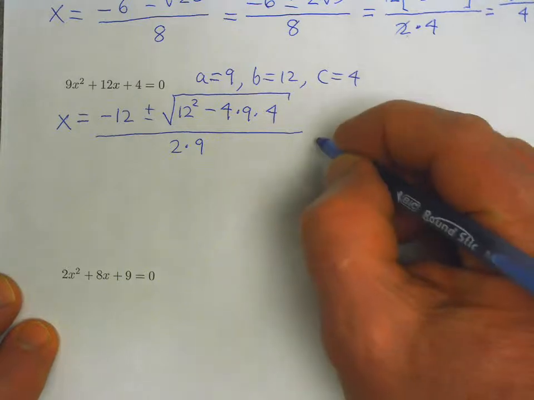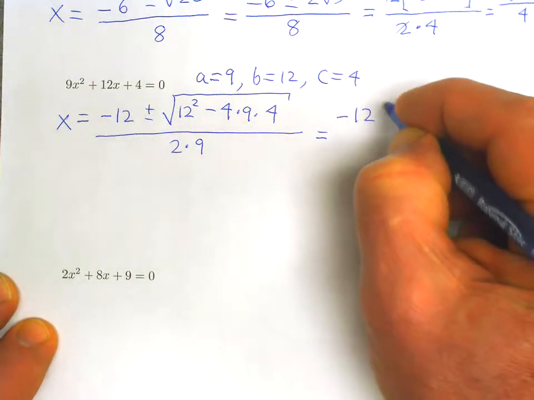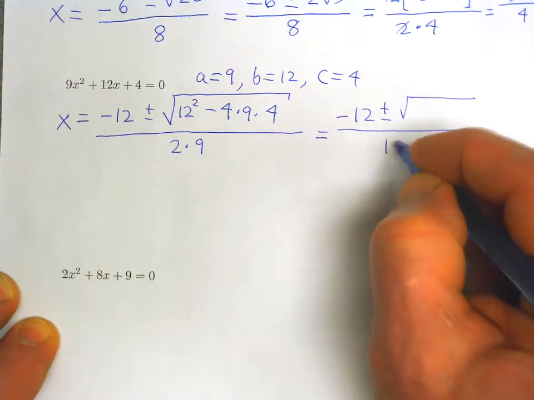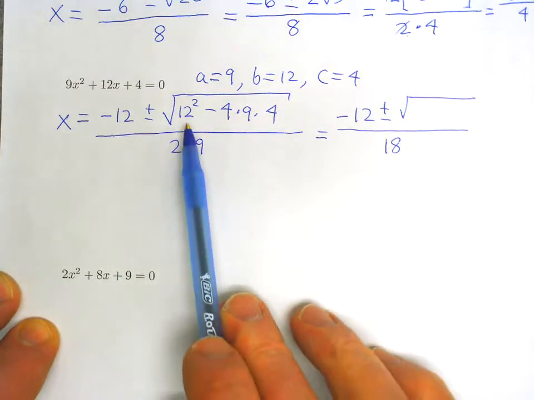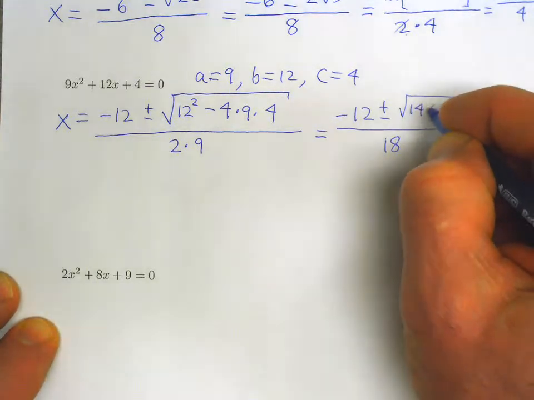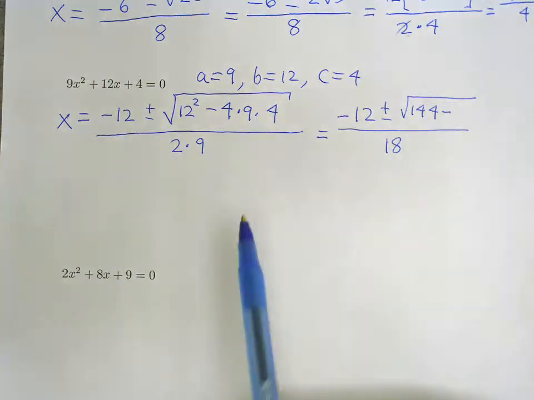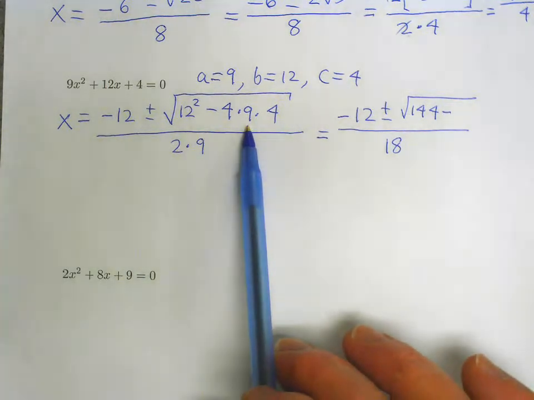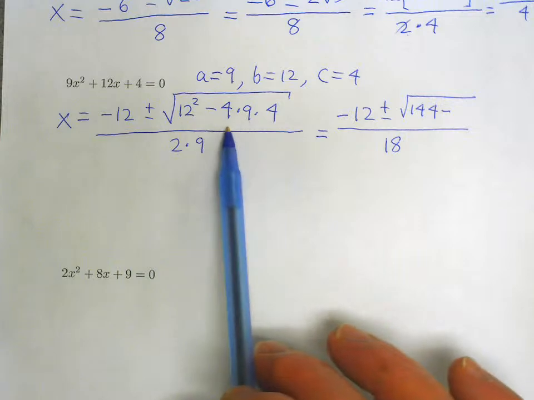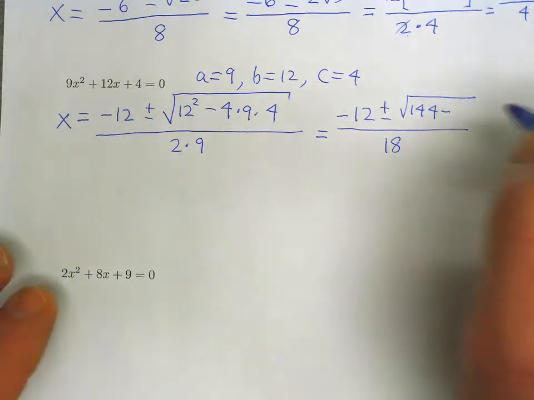Okay, then do the arithmetic. So we get -12 plus and minus the square root of some number divided by 18. 12 to the second is 144. And we're subtracting 4 times 9 times 4, or 36 times 4, which is also 144.